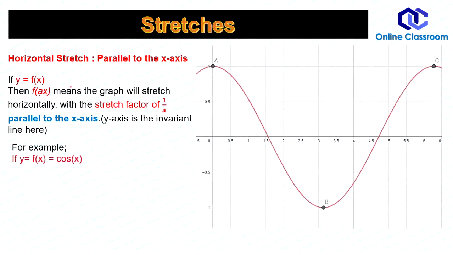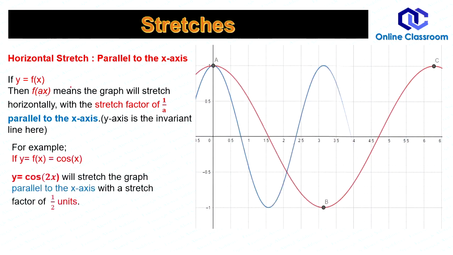Like here the graph of cos x, and I want cos 2x, that is stretch factor half. This means we are stretching or compressing horizontally. The gap of every point from this O is now reduced to half. You see, from here to here, this was the position.